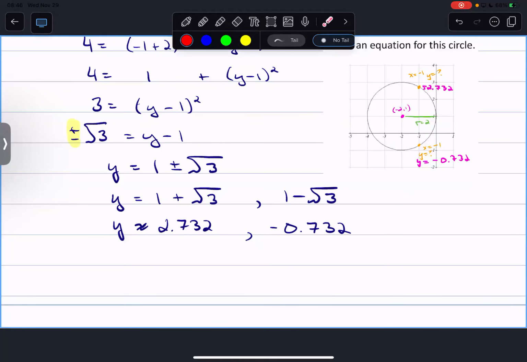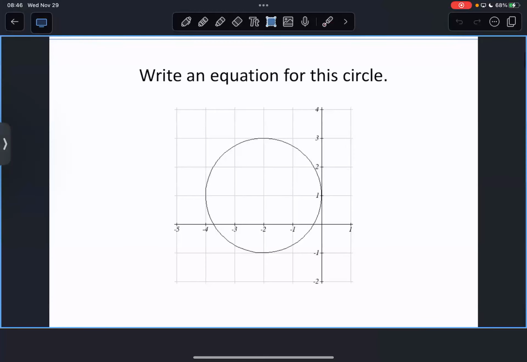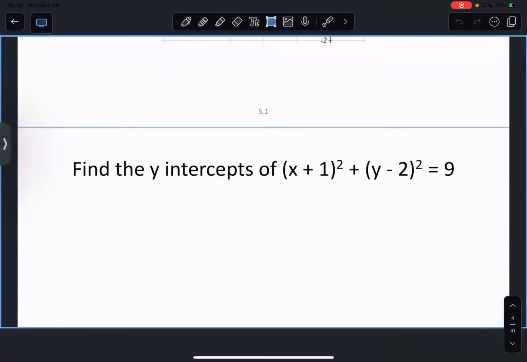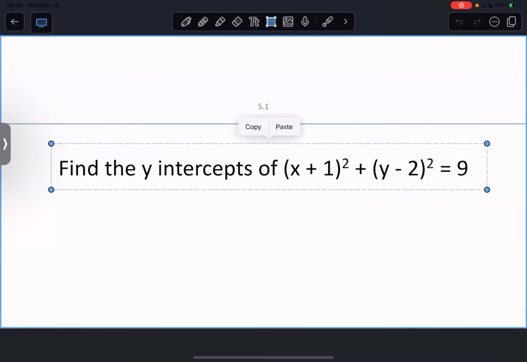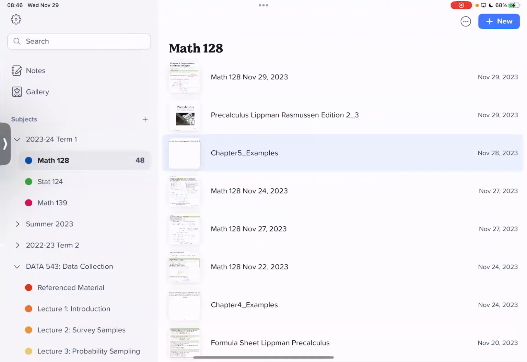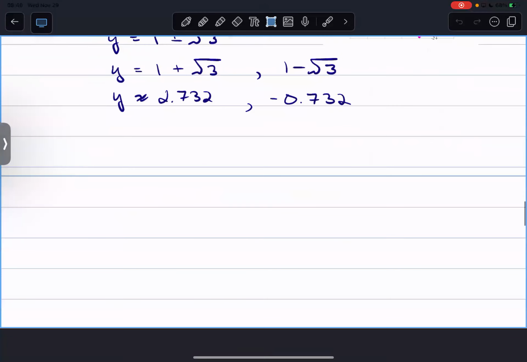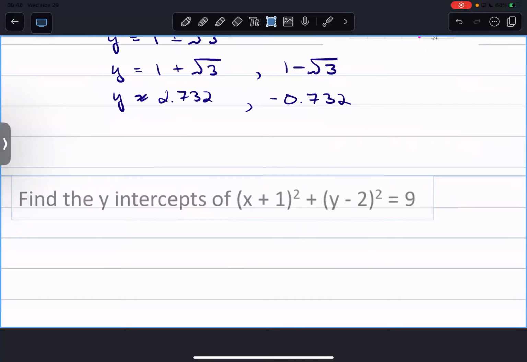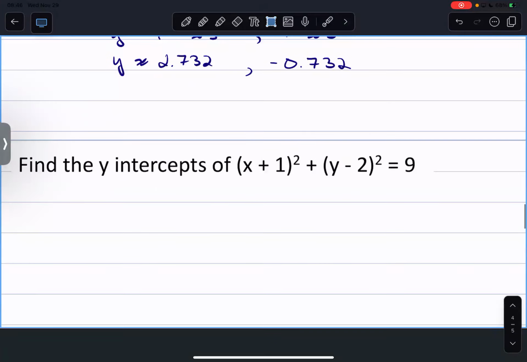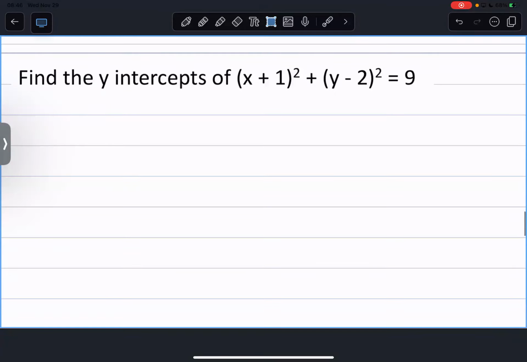How about we have another example? We want to find the y-intercepts of x plus 1 squared plus y minus 2 squared is equal to 9.